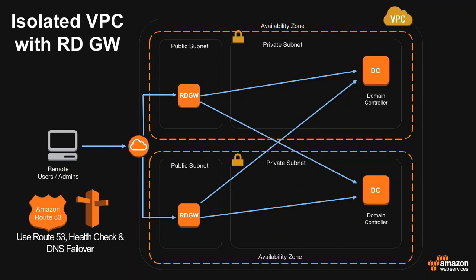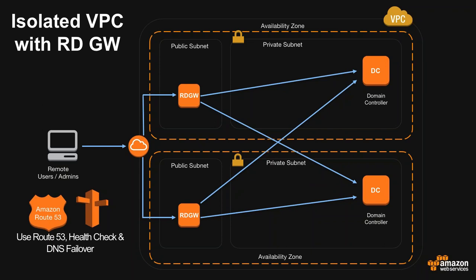Secondly, we can deploy Route 53 and include health checks in our Route 53 service to check that the remote desktop gateway is available. So should a remote desktop gateway fail or be brought down on purpose for maintenance, Route 53 would notice that the primary remote desktop gateway has gone down, would change its DNS announcements, and provide DNS failover to the backup or the second remote desktop gateway.